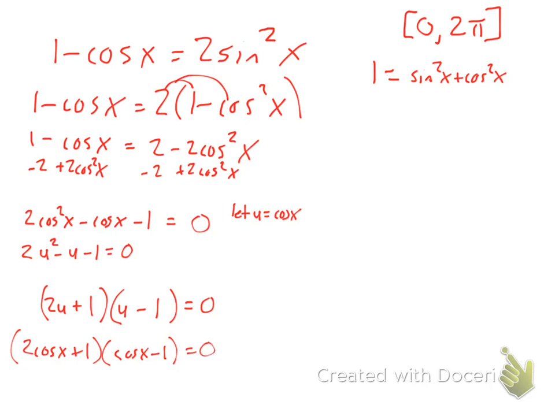And now you solve, how many different equations do you have to solve? You just got to solve 2, right? So here we go. When does 2 cosine x plus 1 equal 0? And when does cosine x minus 1 equal 0?